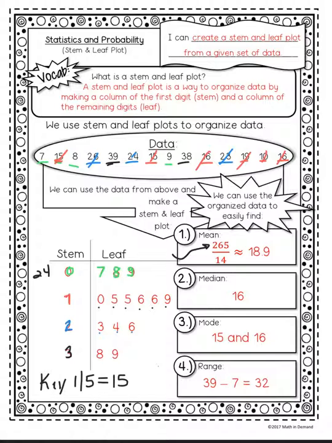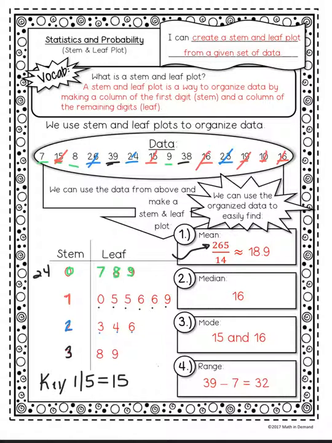Now our median is the number in the middle. Since we had 14 pieces of data, to find the middle we cut 14 in half. 7 is half of 14. So our middle number is going to be between the 7th number and the 8th number.